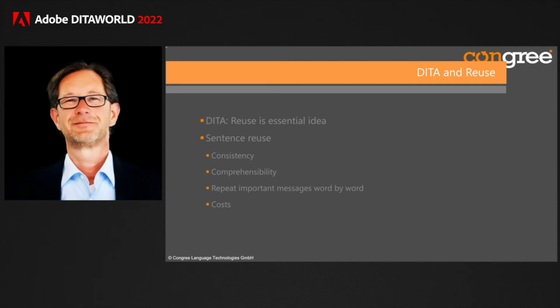But if you achieve consistency on a sentence level, that of course will help a lot in various aspects. And if now content on a sentence level that already had been used in a topic later will be reused to create content that will be used in another topic, that will help a lot to achieve consistency.